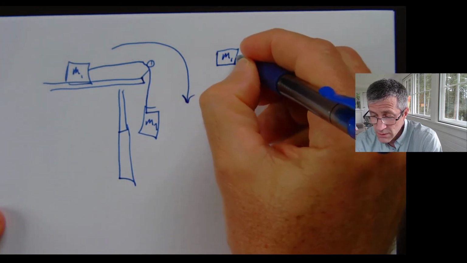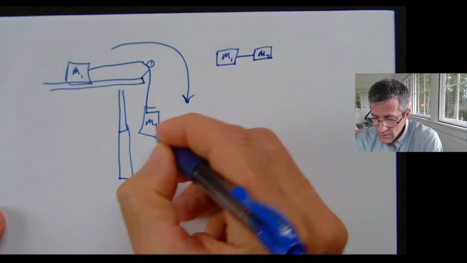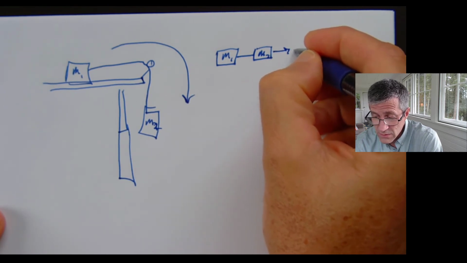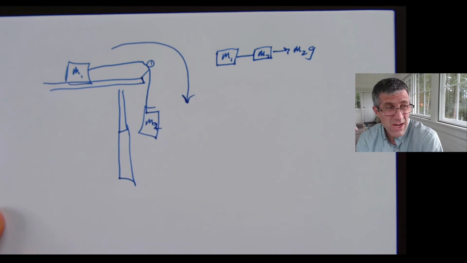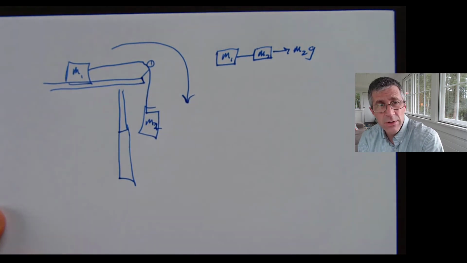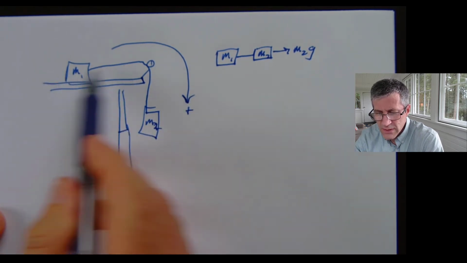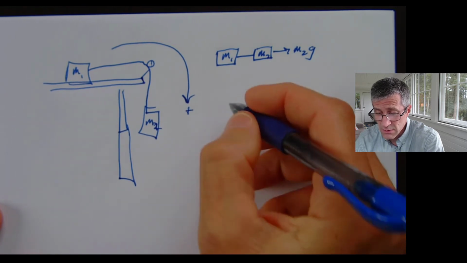This is M1 being dragged by M2, and this is being pulled by some force, right? This is going to be the force of gravity acting on this one. So I have linked boxes, if you want to think of it that way. But I'm going to set my direction of motion as being positive. So in this case, my horizontal direction is the direction of motion, and in this case, my vertical direction is the direction of motion.